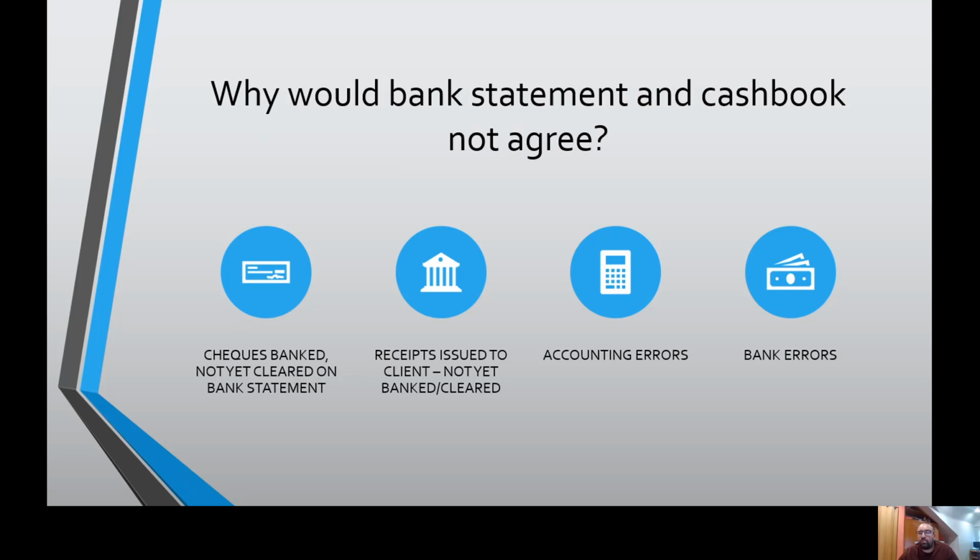What I normally teach you guys is to look at each transaction as if it's the only transaction in the world. So let's say we have no other transactions and I give my client a check for 100 Rand. That will decrease my cash book by 100 Rand. But if he hasn't banked it yet, my bank balance will be zero because they don't yet know about the check.